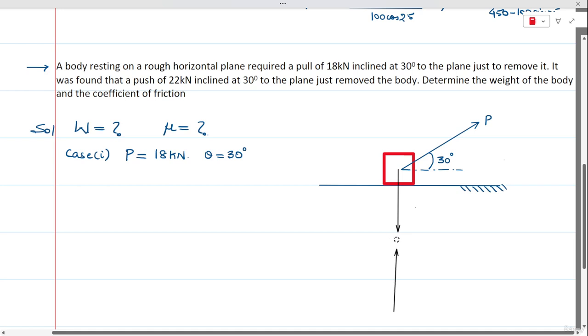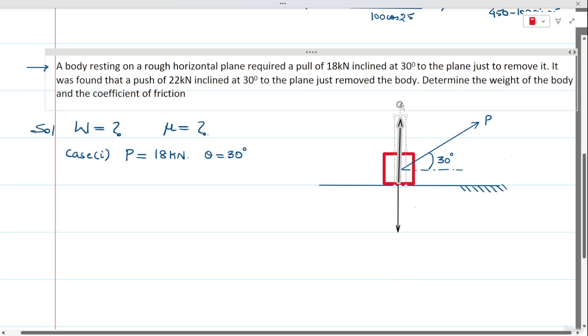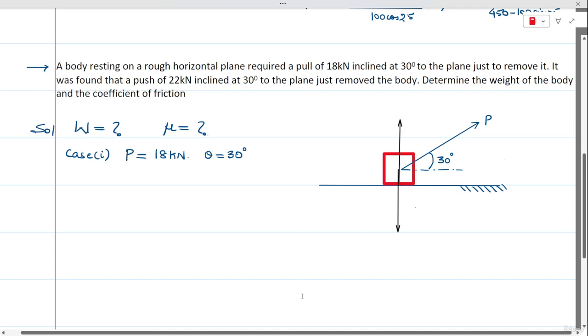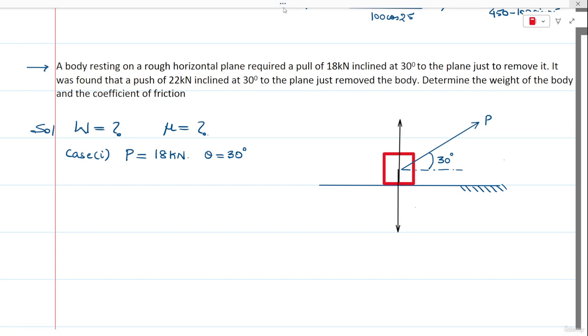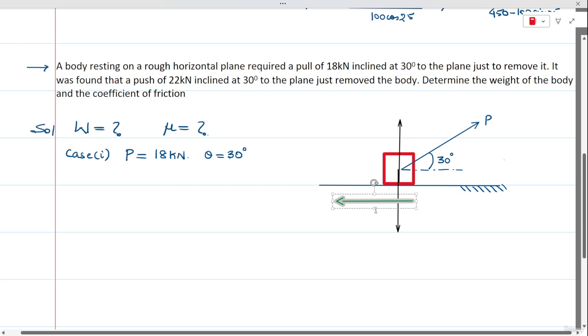This normal reaction would be collinear with the weight of the block, and along with the normal reaction there will be one more force, the tangential force or friction force at the interface of block and the ground. Let's call it F and let's call the normal reaction Rn.